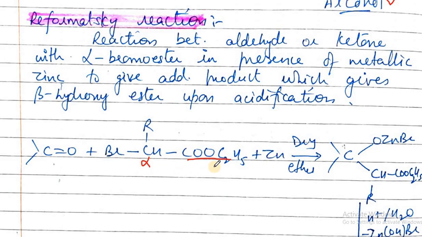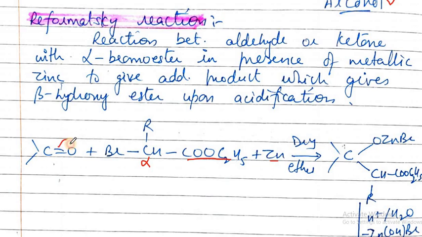When alpha bromo ester reacts with aldehydes or ketones in the presence of zinc and dry ether, we get this addition product in which zinc gets inserted between the carbon and the halogen, that is CH, Zn, Br. Then this gets attached to this carbon.